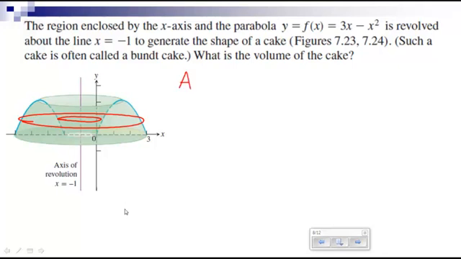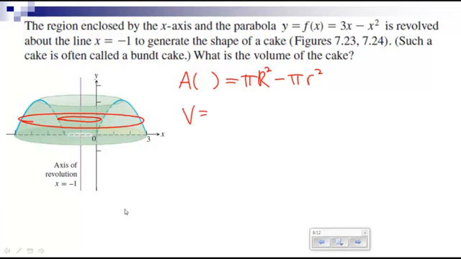The area of the washer is a big circle, pi big R squared, minus the little circle that we're going to subtract out of the middle, pi little r squared. That's going to be the area that we're going to use for this volume problem.